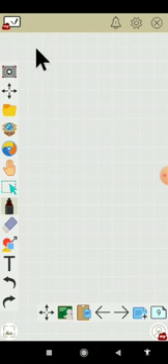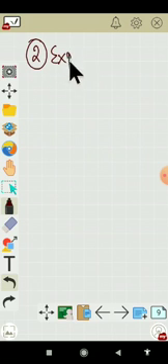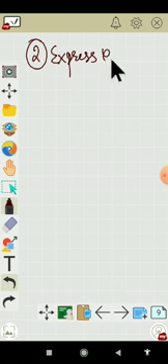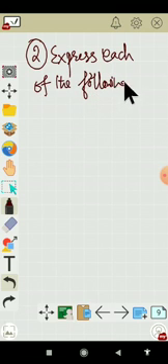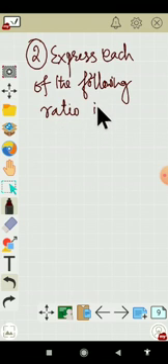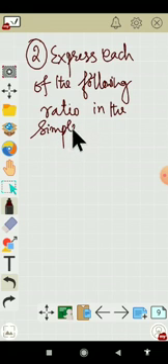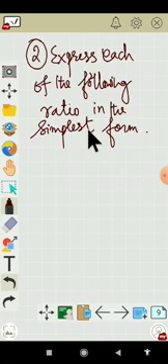Now question number 2 is telling us to express each of the following in simplest form.